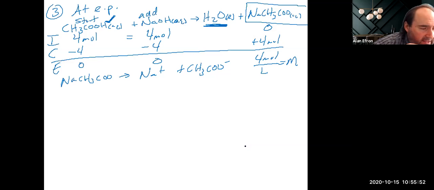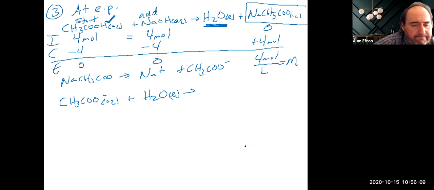once you're done with this ice table, you then need to have a second ice table. And that second ice table is the hydrolysis reaction, in this particular example, of acetate plus water. So what is acetate going to do?